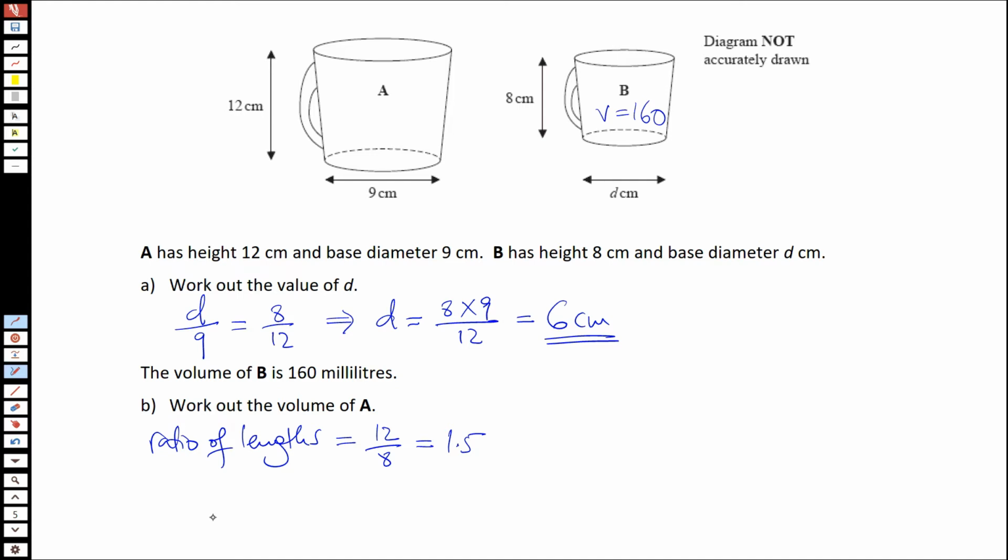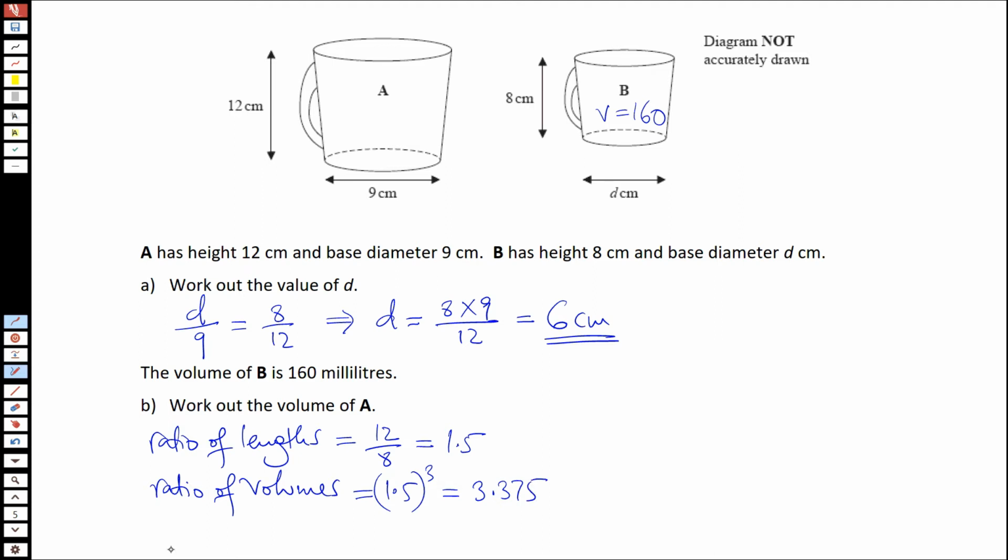That means that the lengths of the bigger shape are equal to 1.5 times the length of the smaller shape. But what I'm interested in here is the volumes. So the ratio of the volumes will be equal to 1.5 cubed, which is 3.375.